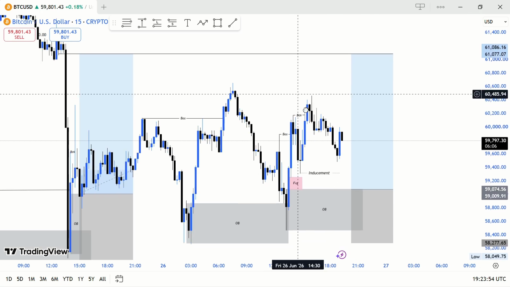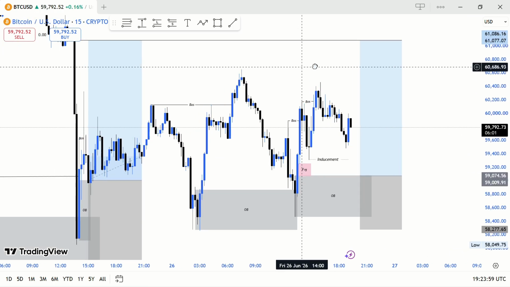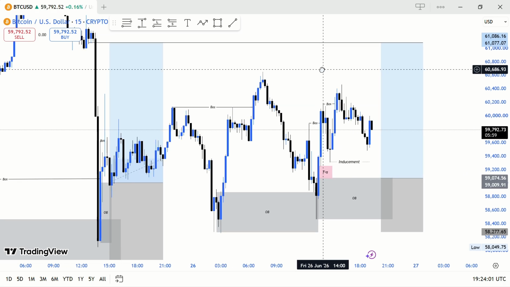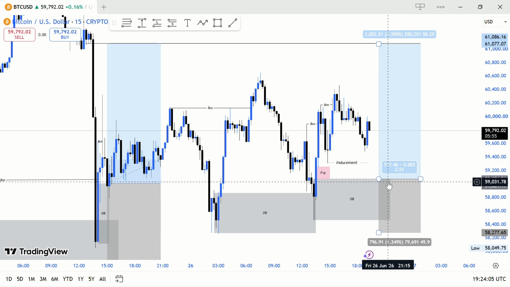So I prefer keeping it more secured by doing it like this, keeping it very, very simple. So I'll be taking a buy from this position.